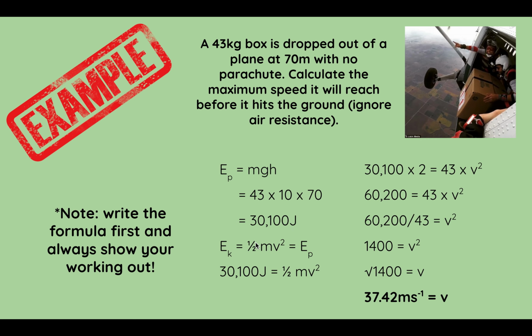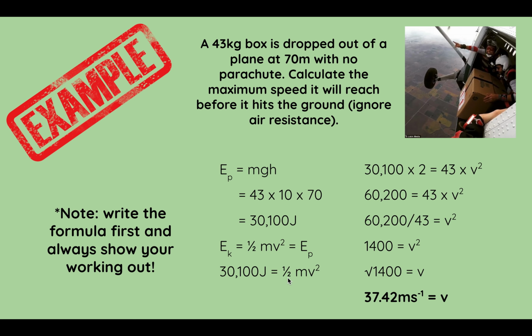As it falls, I know that it's going to all be converted into kinetic energy, which is a half mv squared. Remembering we are trying to find the maximum speed or the terminal velocity. So I know that 30,100 joules is going to equal a half mv squared, my kinetic energy at that time at the maximum speed.